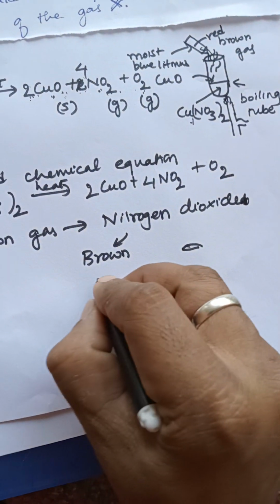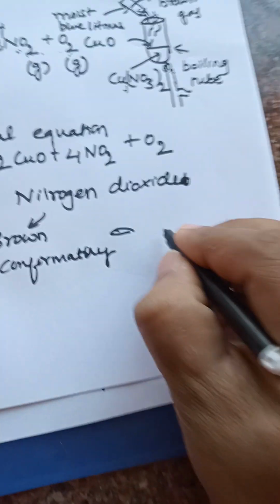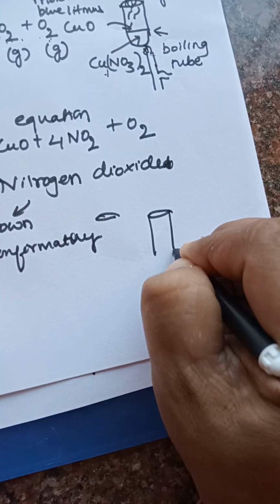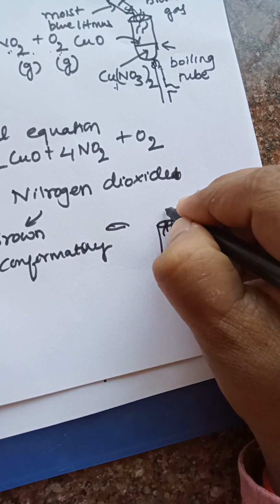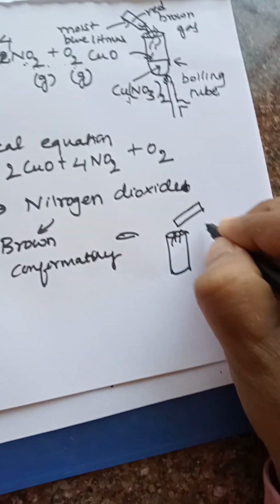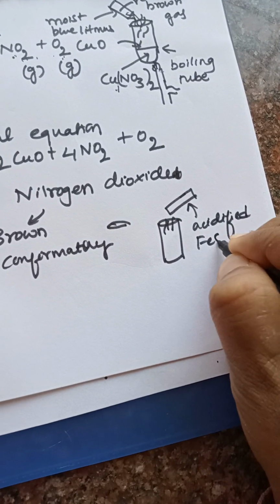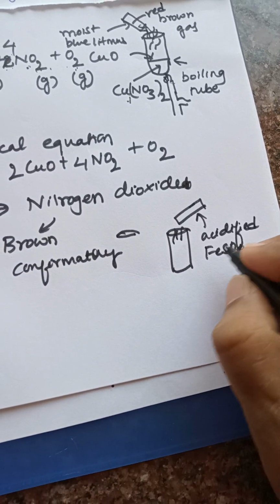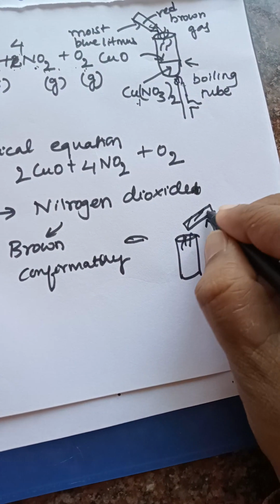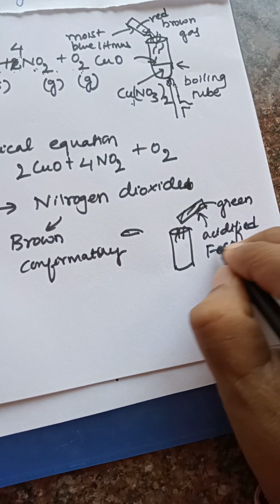One more test is there, which is a confirmatory test. This test will confirm that the gas is nitrogen dioxide, not any other gas. How do you do that? This test tube in which the brown fumes are evolved, we need to place a piece of acidified ferrous sulfate paper here, which is green in color because of the acidified ferrous sulfate present on it.